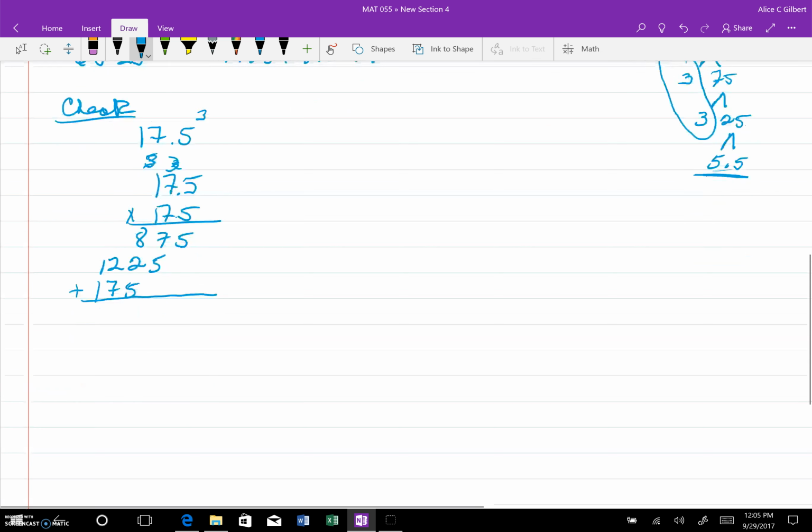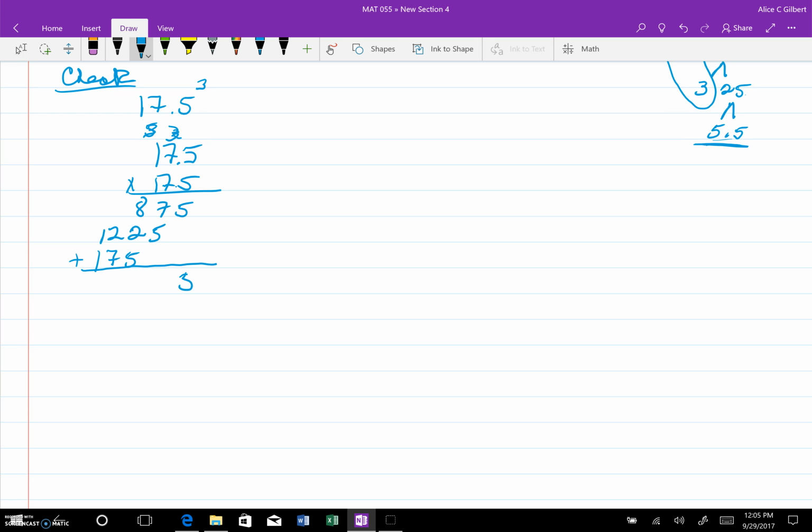Add these all up. This is 5, and that's 12, 10, 15, 16, 10, 3, 2 decimal places, times 17.5, because I need 3 of them. Here's 1, 2, 3. So let me just do this really quickly.